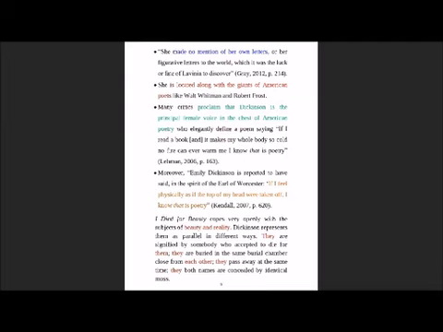Emily made no mention of her own letters or her figurative letters to the world, which was the luck, yes, as we mentioned, or fate of Lavinia to discover. So the help came from what? From Lavinia. She is located, I mean, the poet, along with the giants of American poets.